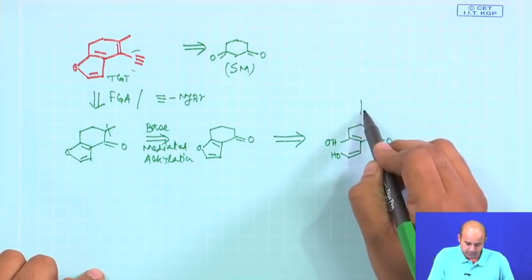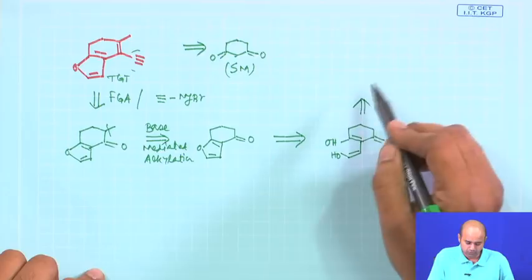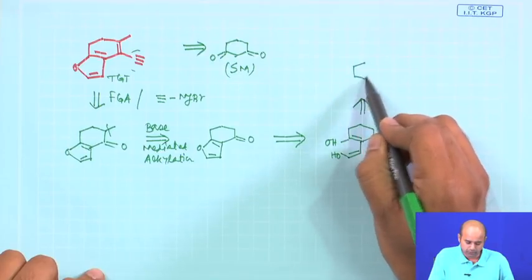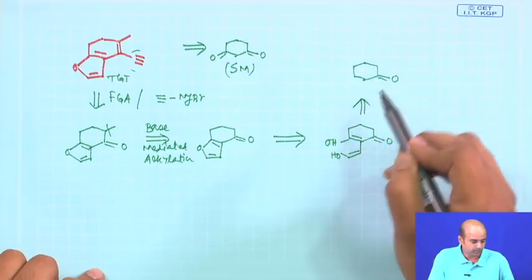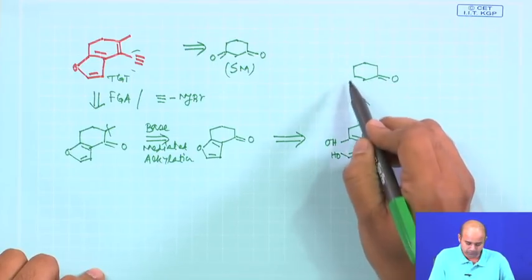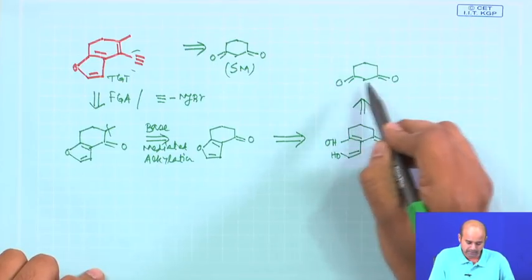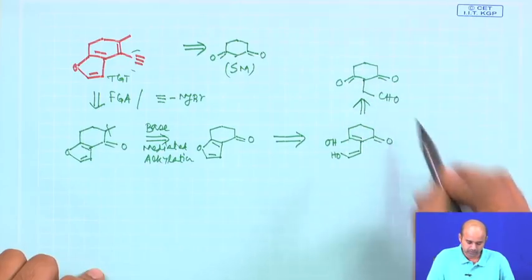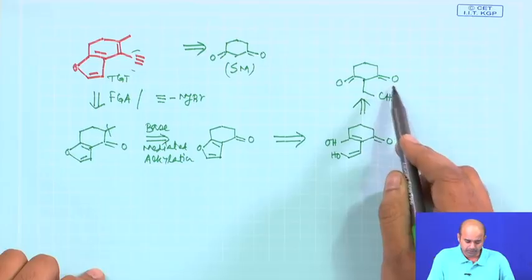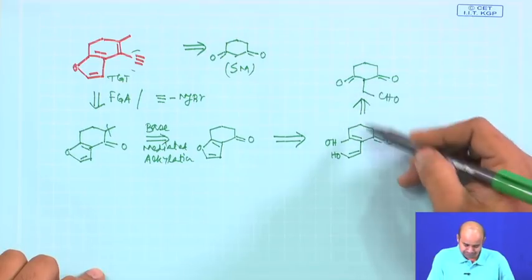So, next if you try another round of retro, that will give you some compound like this. Now, this is basically a very simple formation.